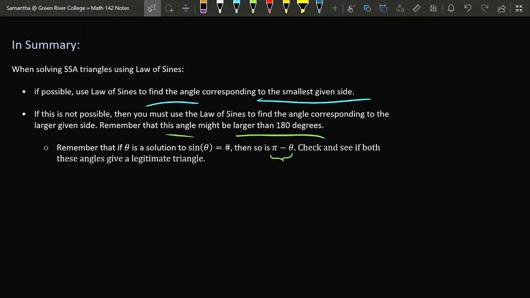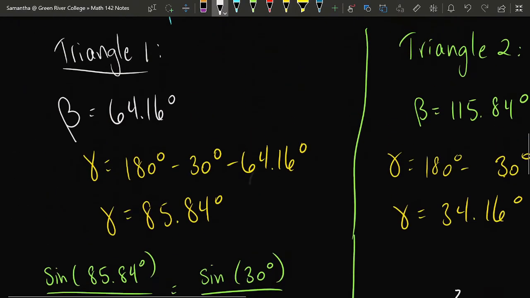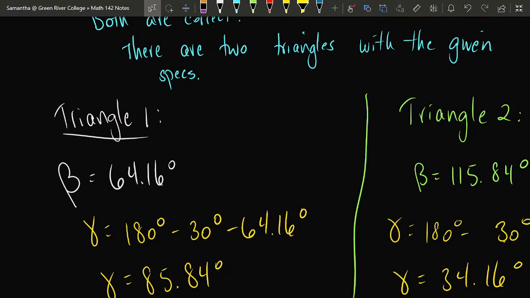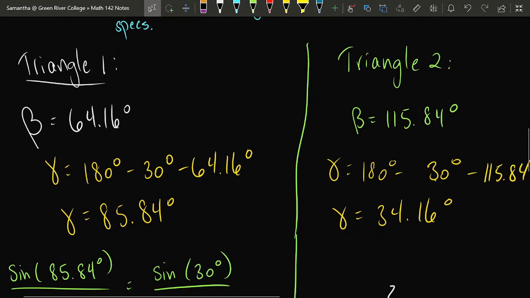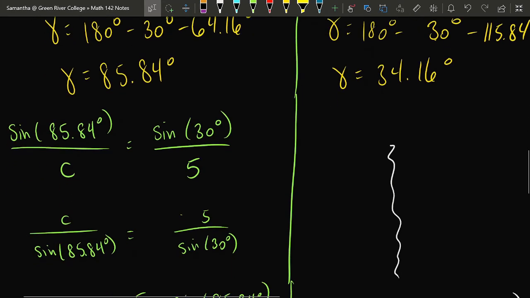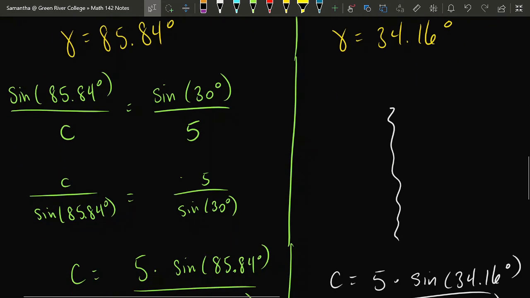So write down those two solutions to sine of angle equals number and check to see if both of these angles can be used to create a triangle that could exist in the real world. For example, here both beta equals 64.16 degrees and beta equals 115.84 degrees. Using both of those angles, I was able to fill in the values of gamma and of c without running into any mathematical impossibilities.